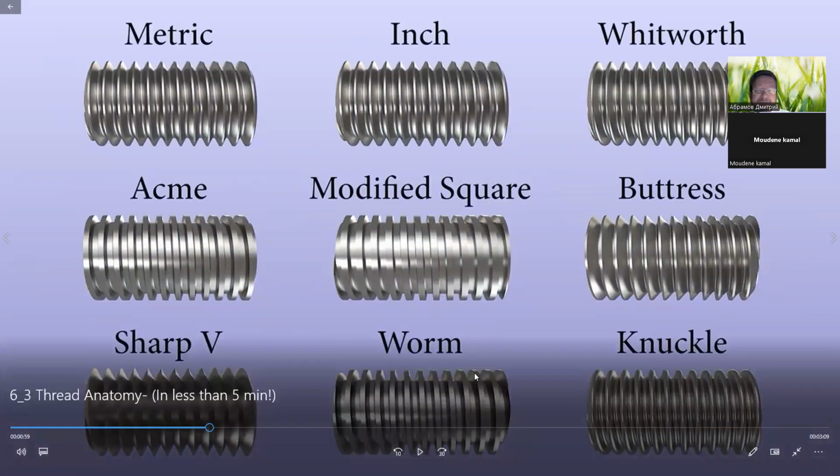Types of thread. We can see 9 types of thread. Metric, it's the most popular type of thread. Inch, Whitworth, Acme, modified square, buttress, sharp V, worm, and knuckle.